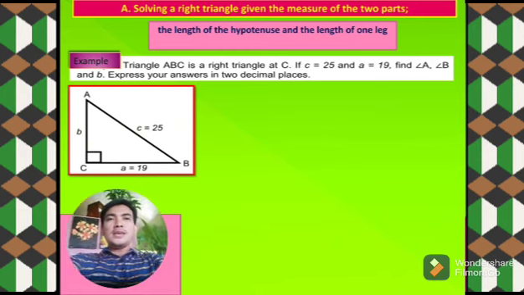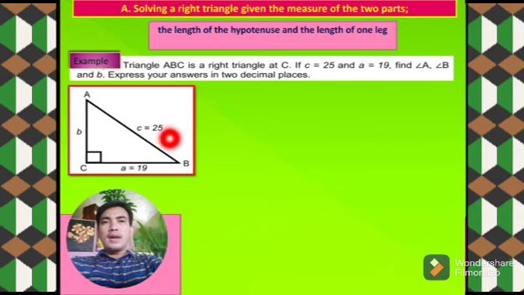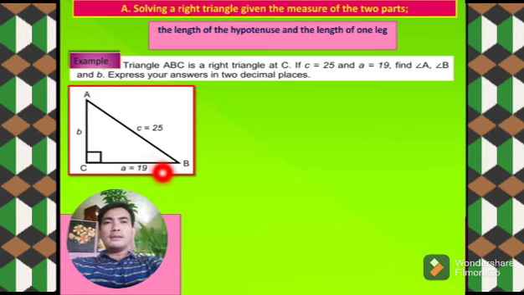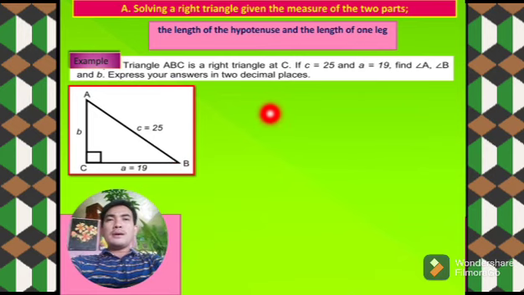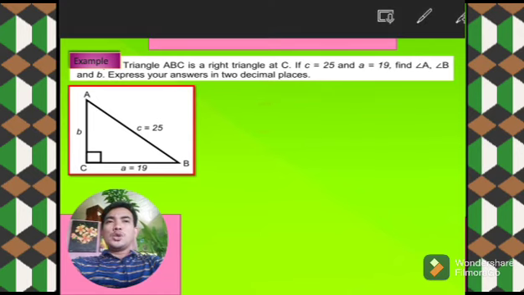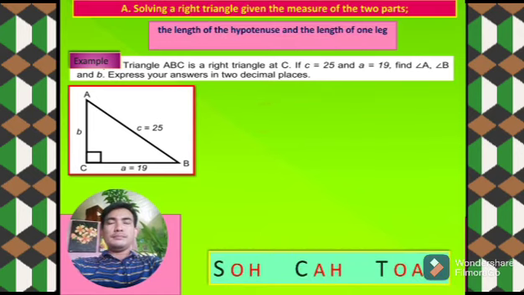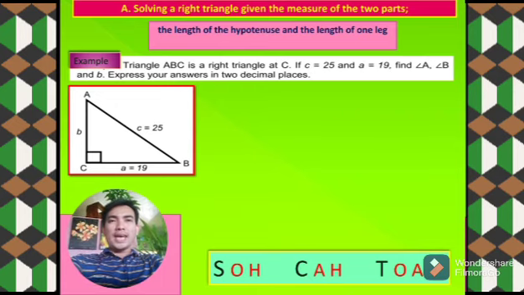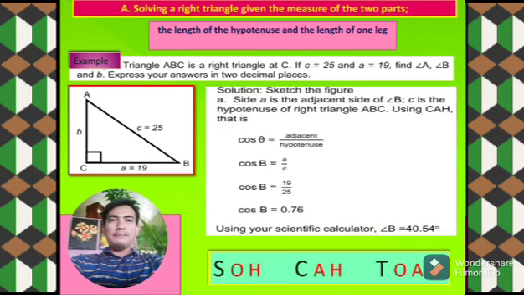As you can see, we have here side c and side a. So to solve for the measure of angle A and angle B, including side b, we have to remember the SOH-CAH-TOA mnemonic device. In that case, if we're going to solve for the measure of angle B, we would have side a is the adjacent side of angle B. c is the hypotenuse of the right triangle ABC.